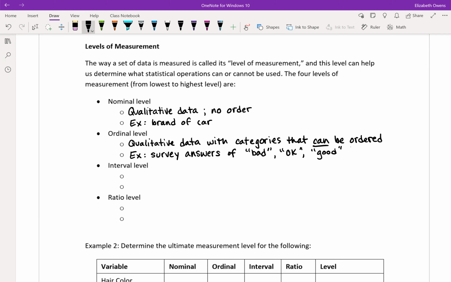Next, we have the interval level, and here we are now working with quantitative data. Okay, and quantitative data inherits this idea of ordering because once we switch to quantitative, those are numbers, and numbers can be put in order, we've known that since like kindergarten, right? So quantitative data with order.